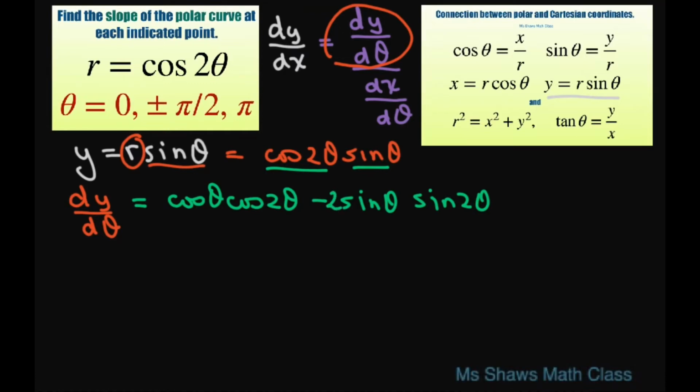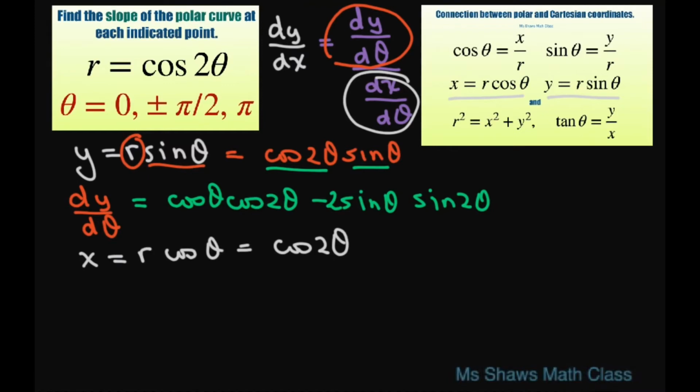Now for the derivative of x with respect to theta, we do the same thing. X equals r cosine of theta. Using substitution, this is going to give us cosine of 2 theta times cosine of theta.